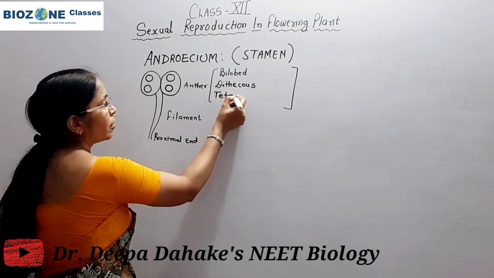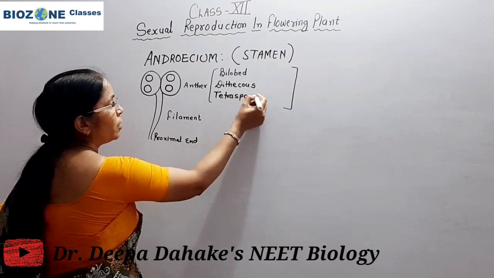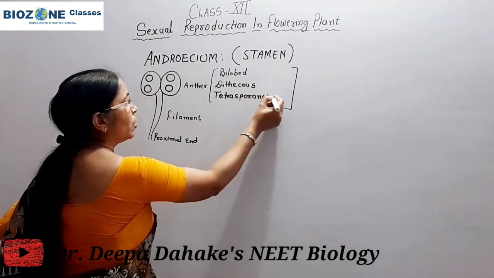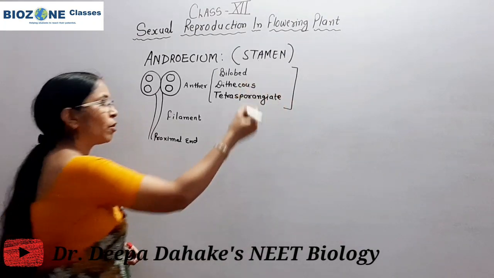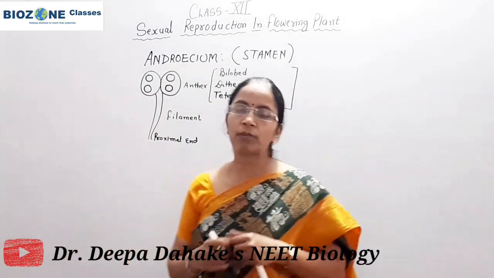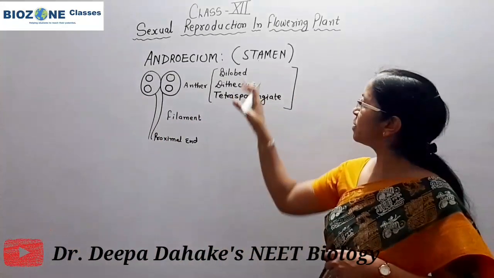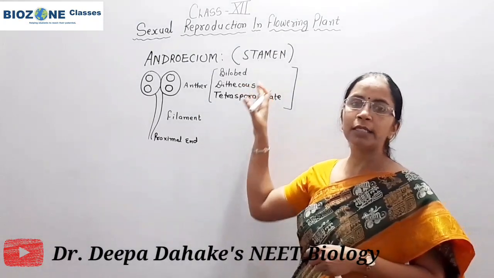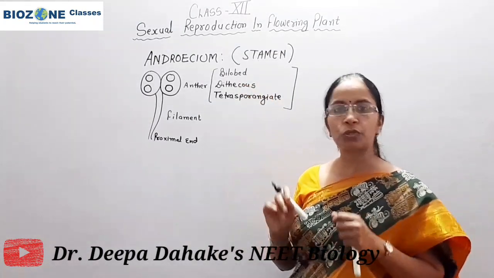Therefore, the anther is tetrasporangiate in structure. So simply remember: the anther is bilobed, dithecous and tetrasporangiate.